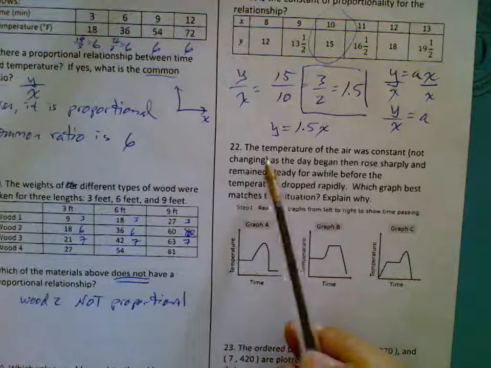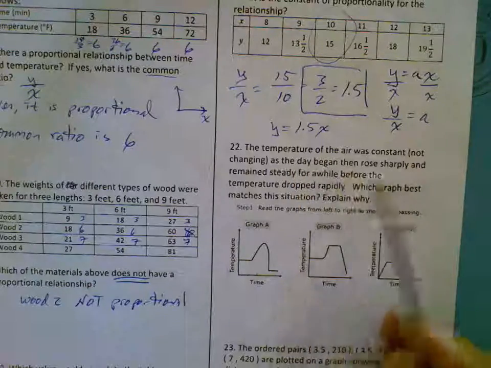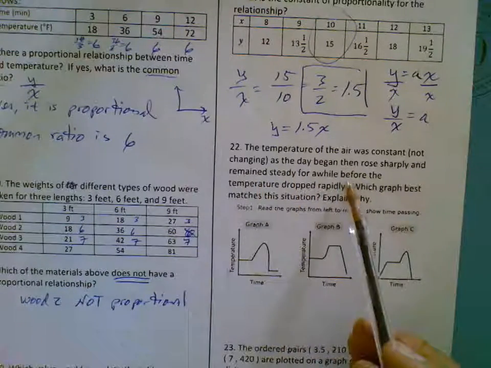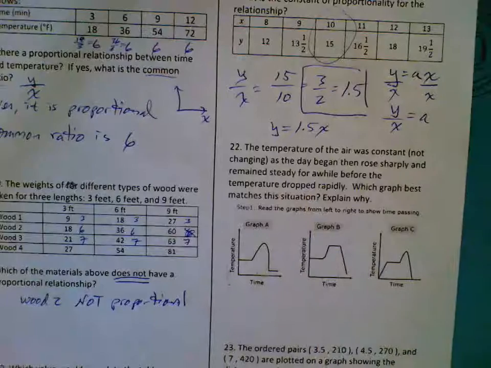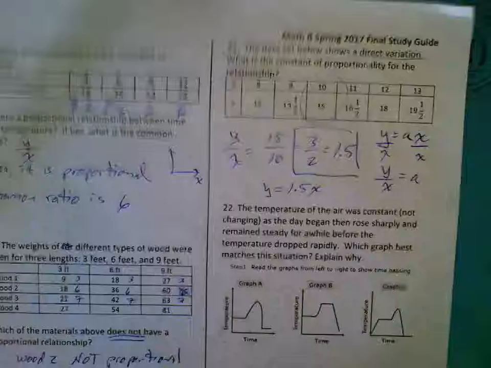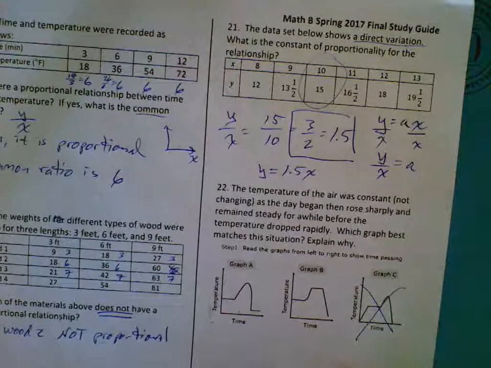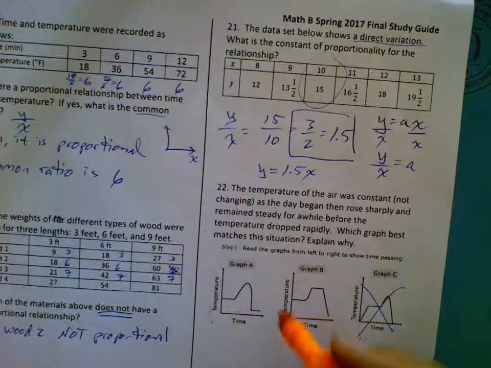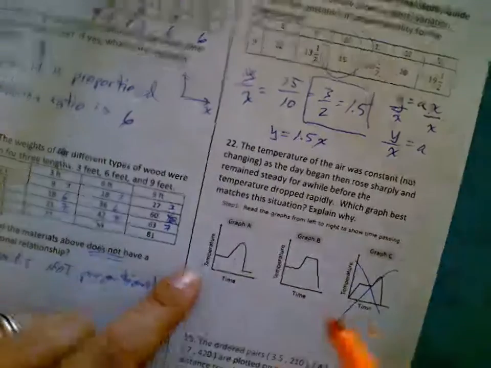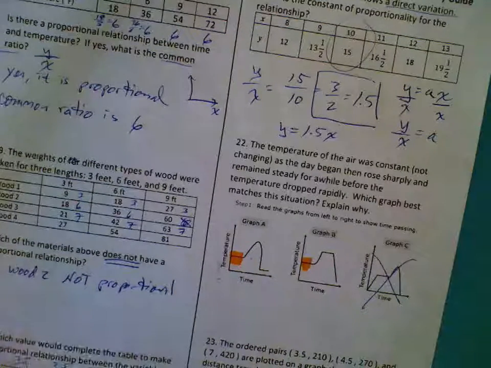Number 22: the temperature of the air was constant as the day began, then rose sharply and remained steady for a while before the temperature dropped. So it started out steady. If it started out steady, it can't be this one, because this one starts out growing. So far so good there.